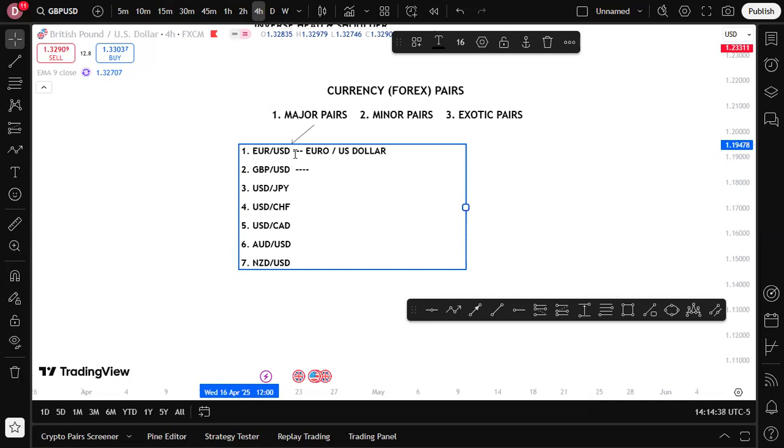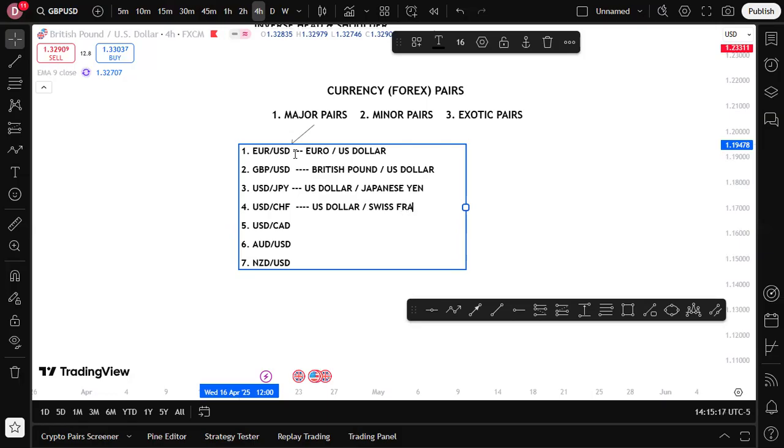Then the British pound versus the US dollar. The third one we have here is the US dollar versus the Japanese yen. And then the fourth one, the US dollar versus the Swiss franc, right?